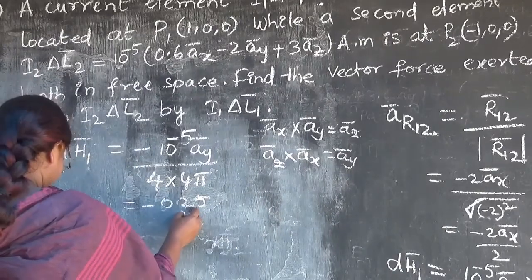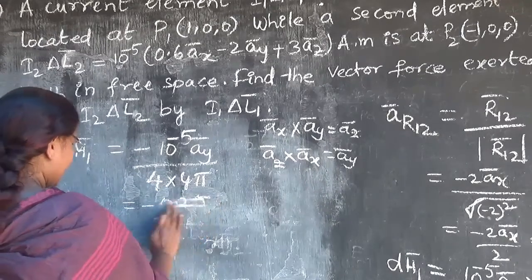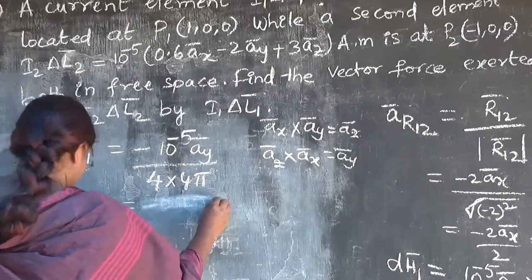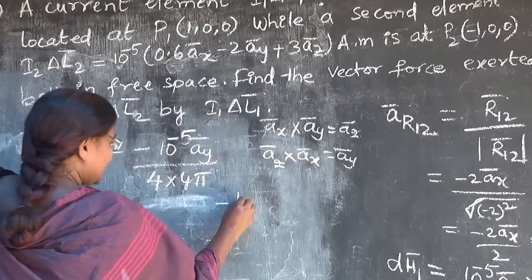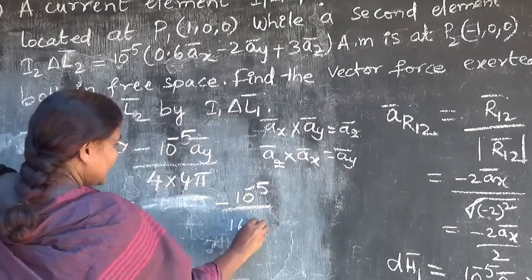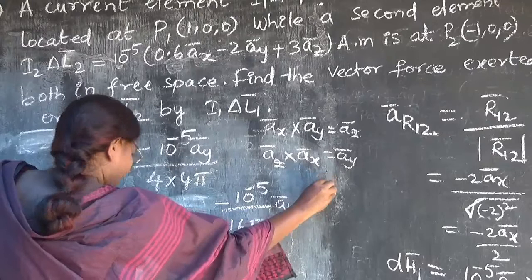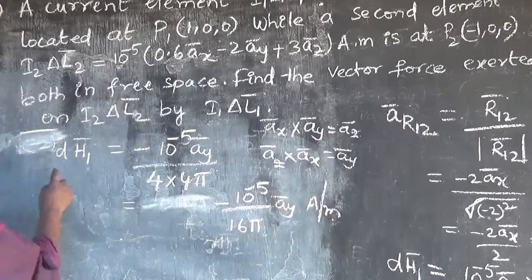So the answer is minus 10 to the power of minus 5 by 16 pi AY bar ampere per meter. This is the dH bar.